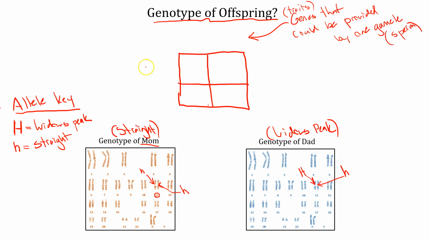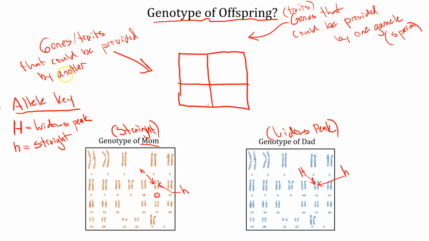And then on the side here we'll list the different genes or traits that could be provided by the other gamete. So we'll say that the other one would have to be the egg, right?